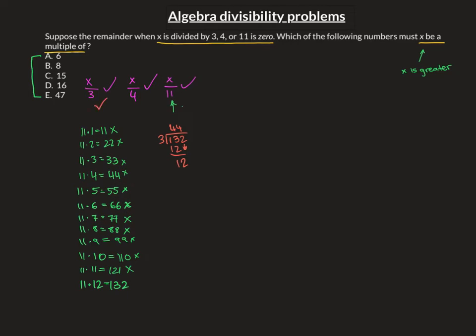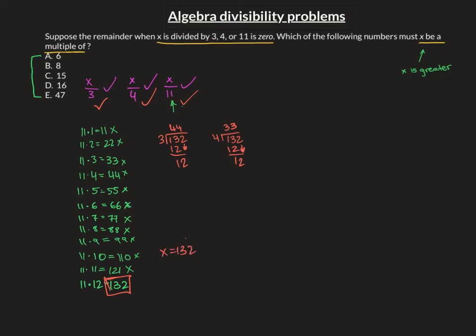So 3 works. Now we check 4. 132 divided by 4: 13, we get 3, 12, bring down the 2, and 33 times 4 does work. So that means 4 can be checked off and 11 also can be checked off. So 132 is x. X equals 132.